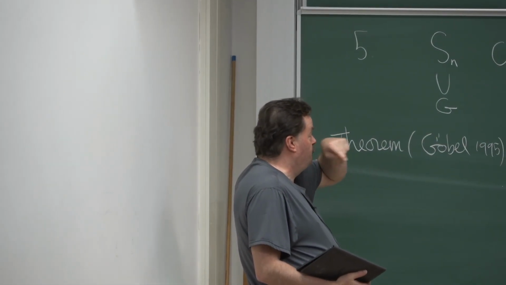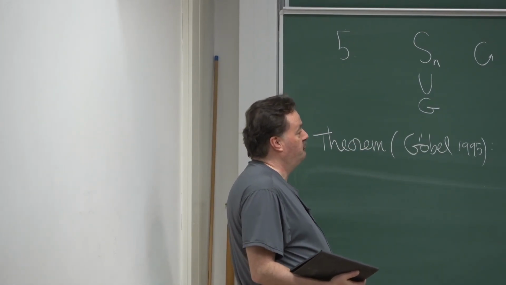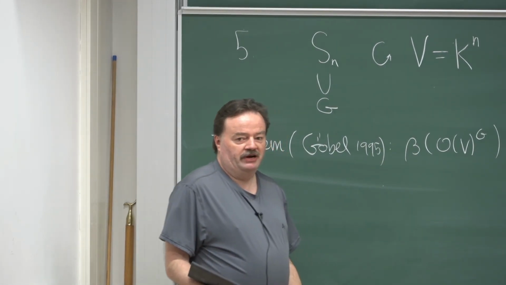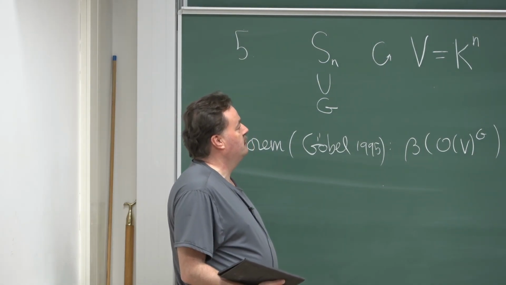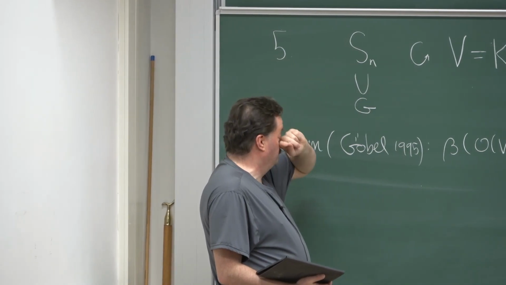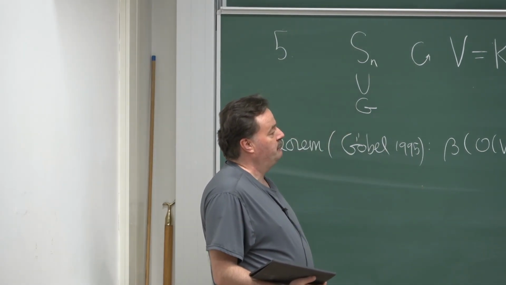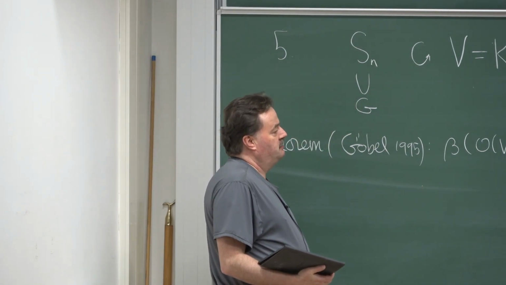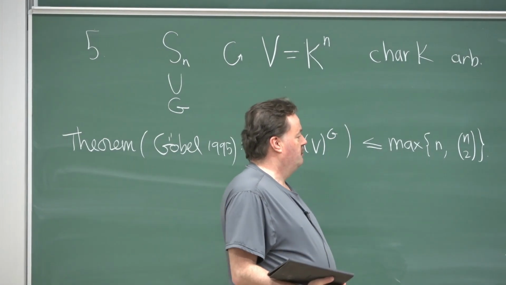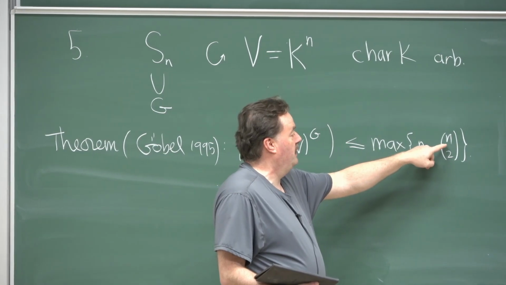Now, if we're, for example, in characteristic 0, then we have primary invariants and secondary invariants. Then we can just take the invariants for Sn. These elementary symmetric functions form a set of primary invariants. And then the secondary invariants, these are module generators, you get a degree bound of n choose 2.